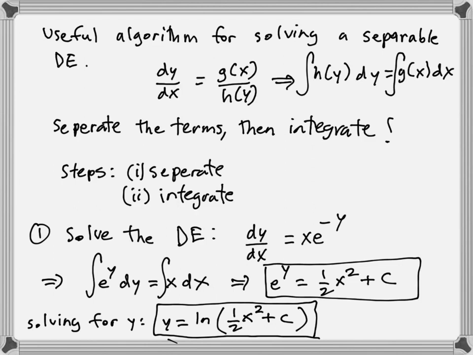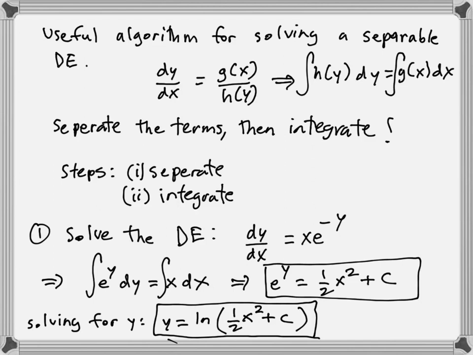Yes, the plus c has to go within the natural log. You cannot separate it from there. Either of these are considered answers. It's not that one is any better than the other. If you can get y by itself, you might want to do that, but you don't have to do that.